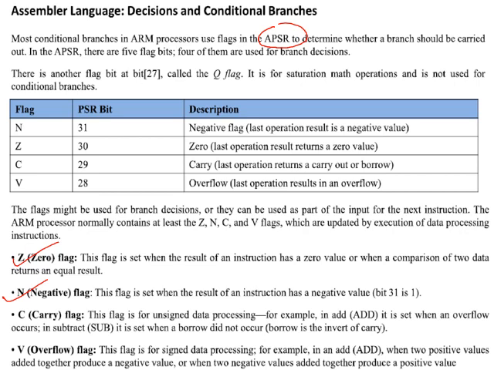You may be performing arithmetic or logical instructions, and if you see a borrow or a carry, this flag will be set. The overflow flag, as I told, is set whenever the result is greater than 32 bits, and one more condition is when two negative values are added together, which produces a positive value. This is also one of the conditions.